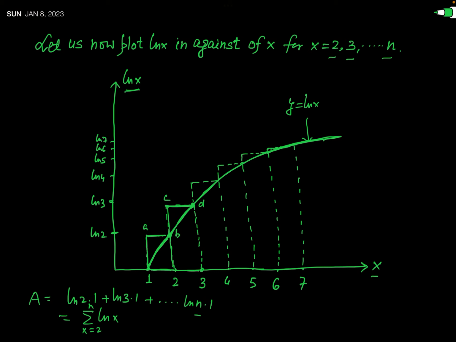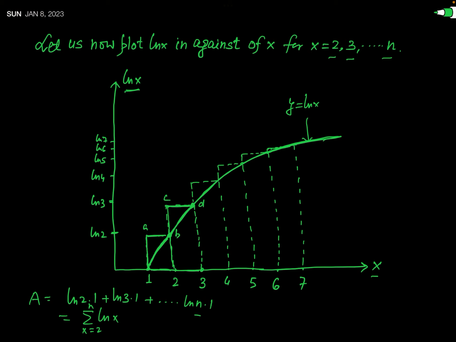Okay, so from this we can conclude that for large values of x, the stepped curve and the smooth curve of log x become indistinguishable.